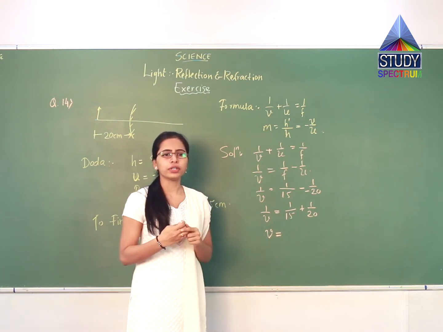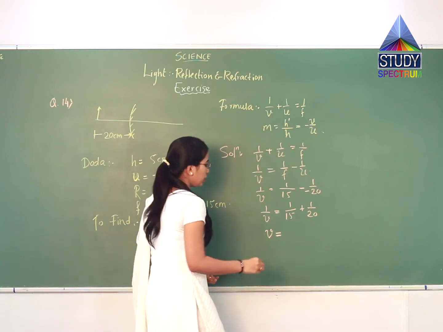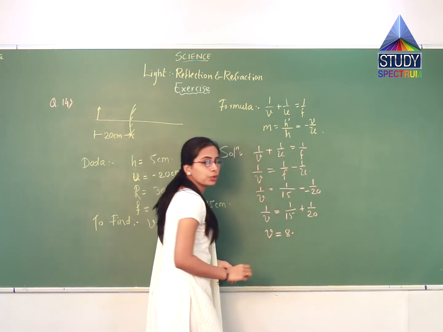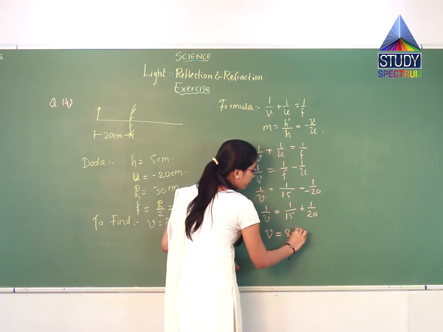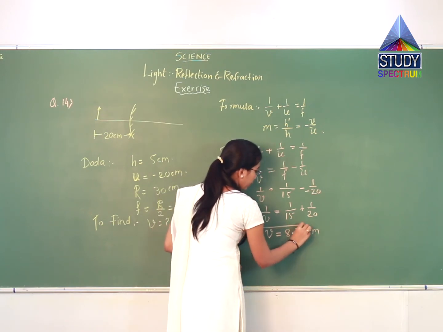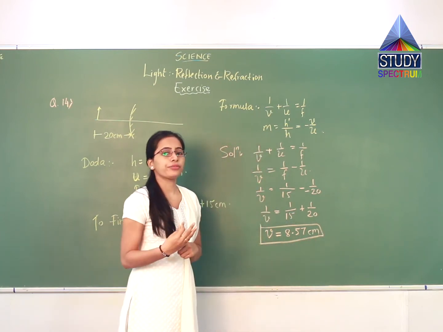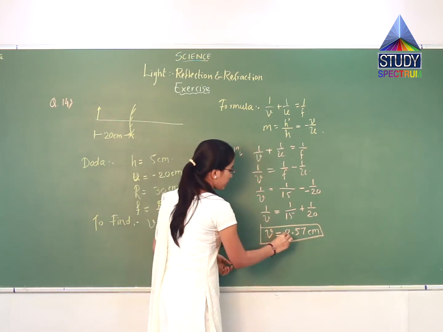So 35 upon 300, on calculation you will get the distance as 8.57 centimeter. So you can see again it is a positive distance, that means the image is formed on the right hand side of the lens.